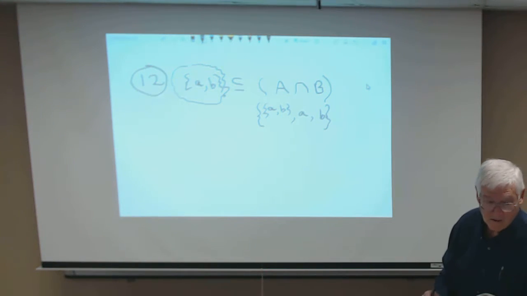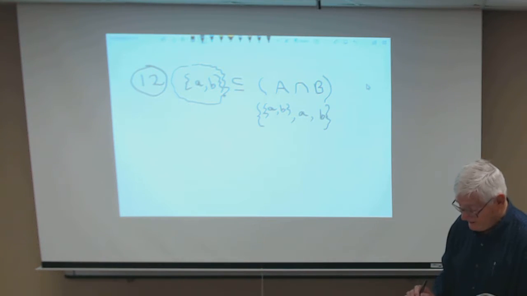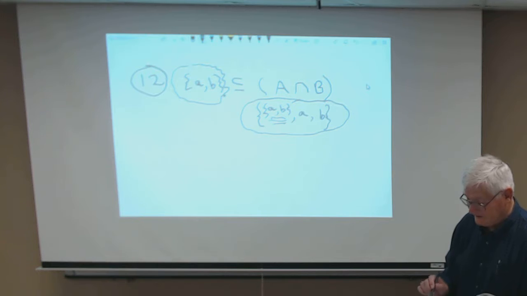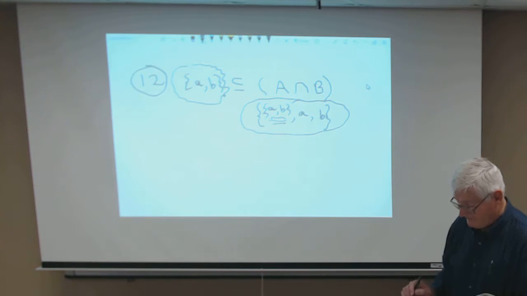A is a subset of B. Is this little set a subset of this? Yes. Everybody follow that? Is this little set AB, there it is right there. See that? It's not an element, it's a subset of this set.